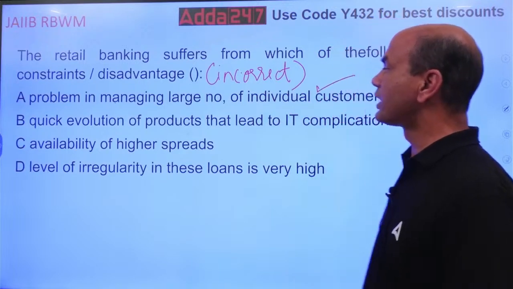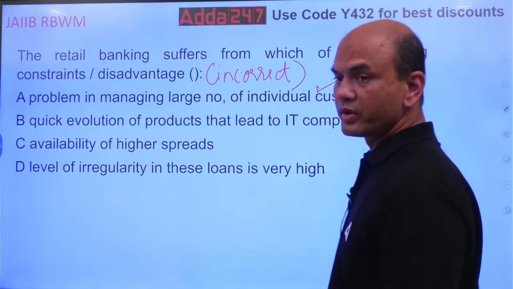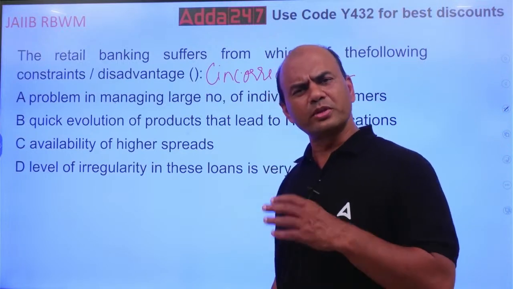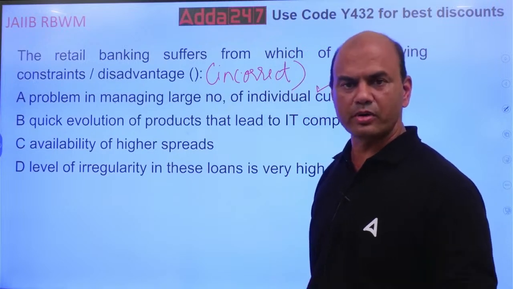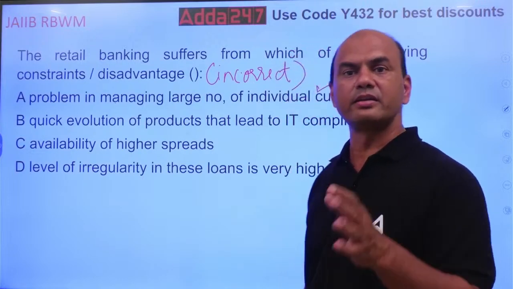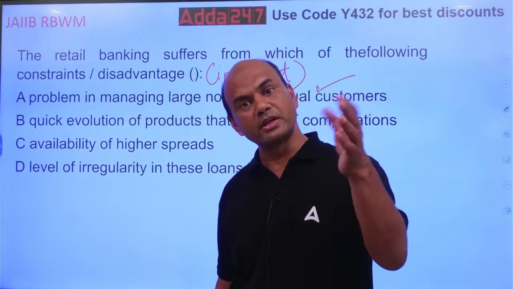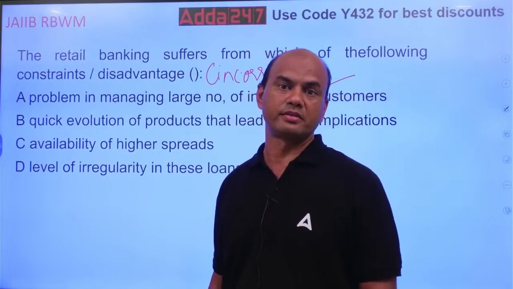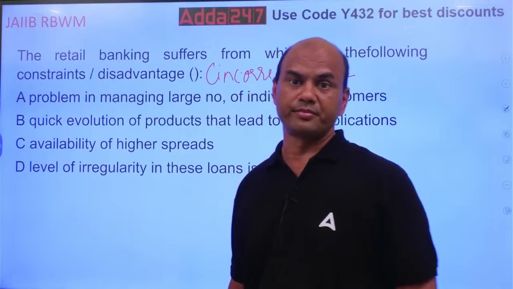Second, quick evolution of products that leads to IT complications. Quick evolution means there is so much fierce competition in retail banking today that one bank brings one product, other banks bring it immediately next week. So whatever is your product today will become obsolete in the next 1 week. There will be no monopoly left.